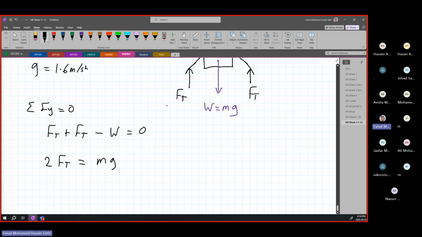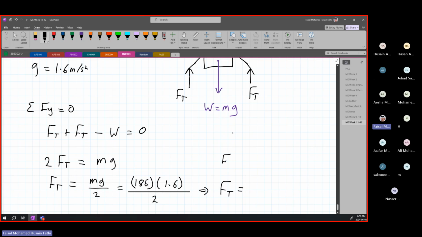So Ft is equal to mg divided by 2 for each rocket, with the mass given as 185. And make sure you put 1.6 for gravity, because now we are on the moon, not on Earth. Therefore, Ft, the thrust force for one rocket, is simply 185 times 1.6 divided by 2.